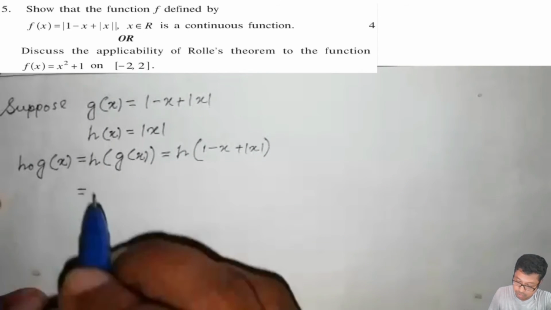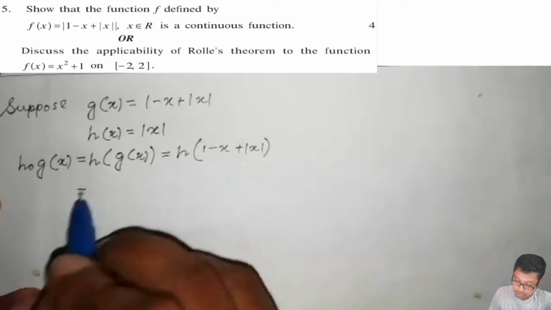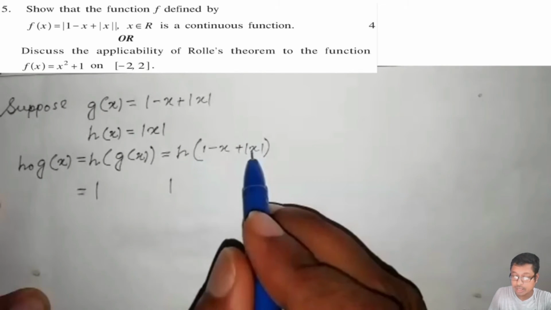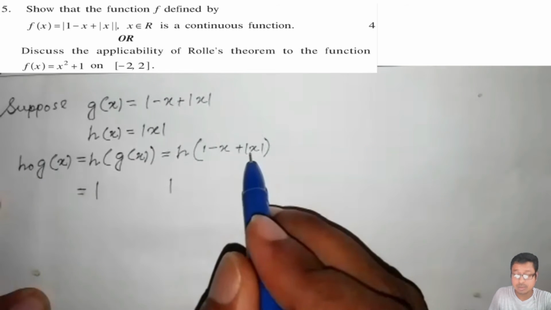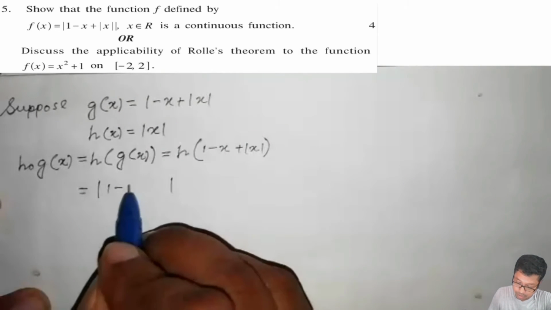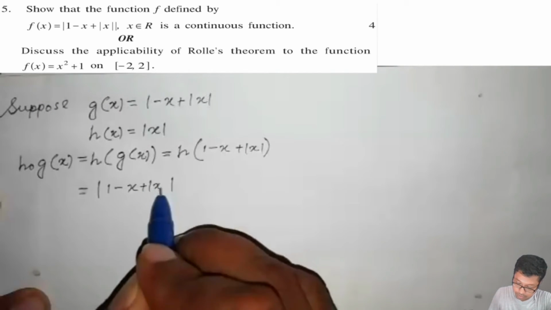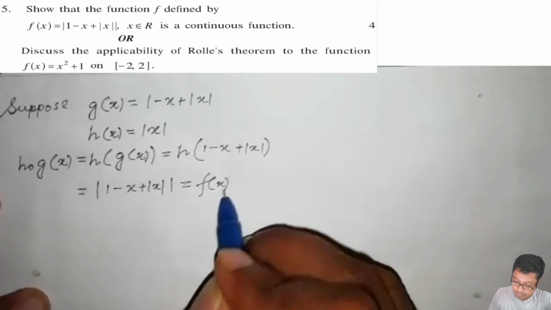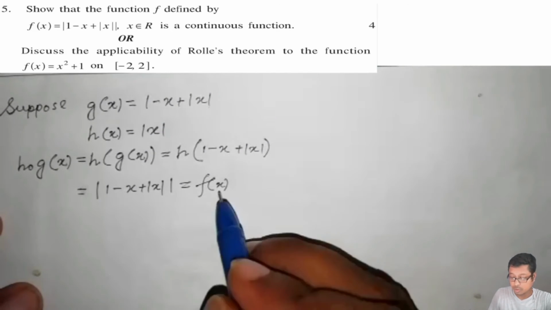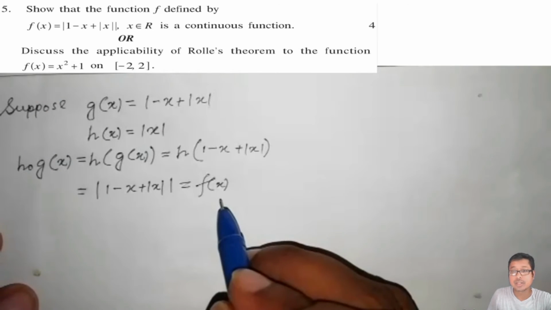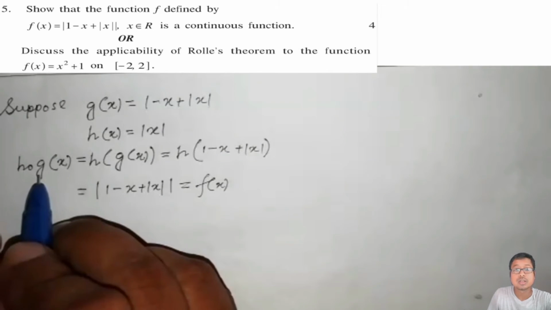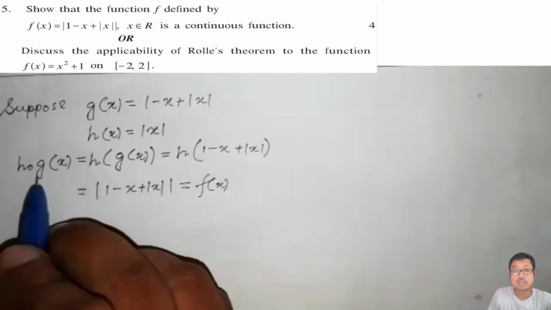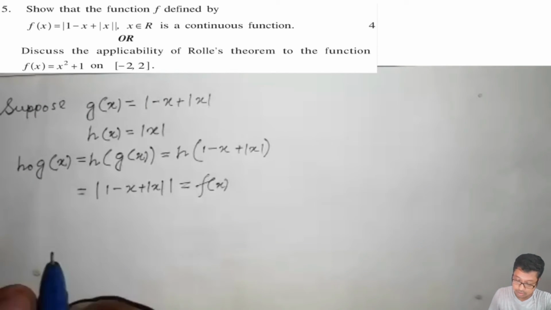So this is equal to h of x, which means modulus of x. In place of x we have 1 minus x plus modulus of x, so it becomes modulus of (1 minus x plus modulus of x), and this is equal to f of x. Now to show f of x is continuous is equivalent to show h dot g of x is continuous, and we'll try to show that h dot g of x is a continuous function.